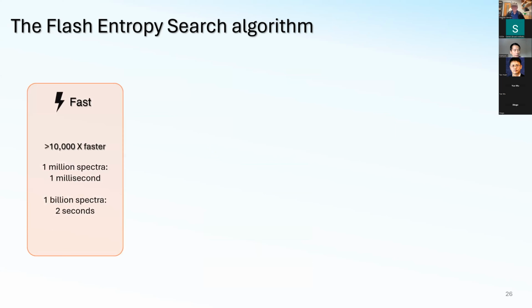Okay, so after this, we want to know the performance of the flash entropy search algorithm. First, we think our method is fast: more than 10,000 times faster than the traditional method, or you can search 1 million spectra in 1 millisecond.